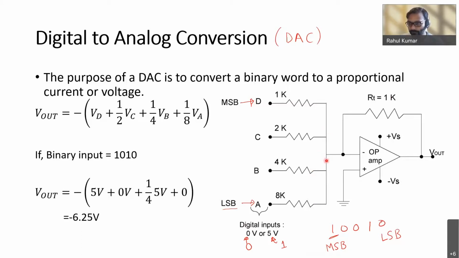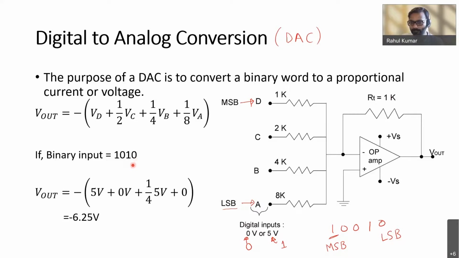So this is how all these voltages will be attenuated. Now they are added together by this op-amp. This operational amplifier will add all the voltages which are coming from this side. Okay, so I've taken an example of a 4-bit binary number. Let's say my binary input is 1010, right?